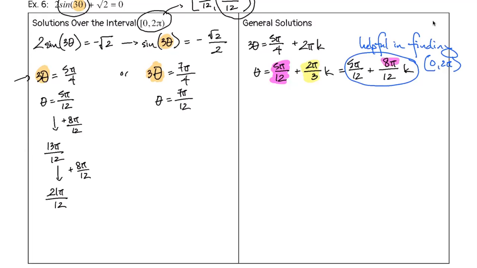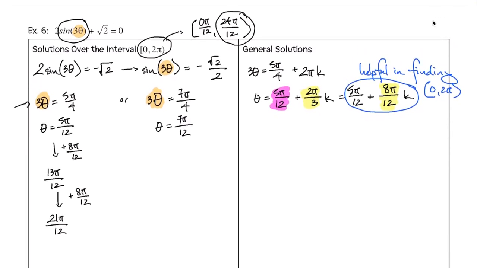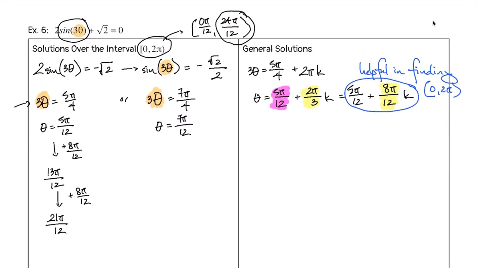That's why we unreduced it and changed it to 8 pi over 12, right? Easier to add. But the when to stop part, that's this part. I have to stop before I get to 24 pi over 12.